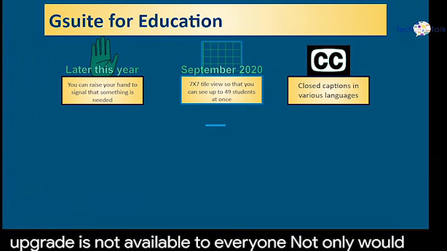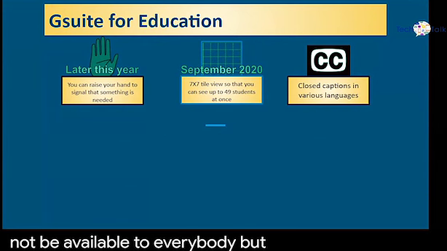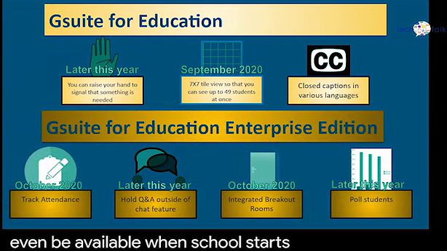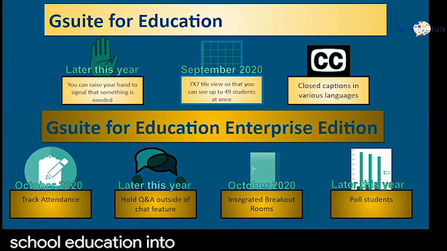Not only is it not available to everybody, it's not even going to be available when school starts. It's only for G Suite Education Enterprise Edition users, and it's not going to be available until October.